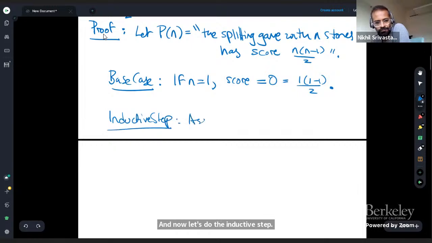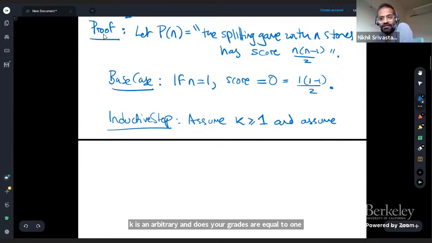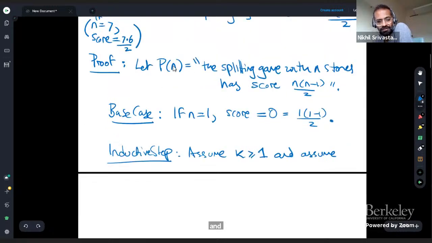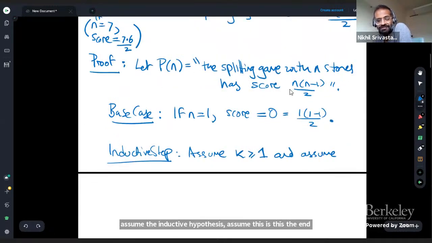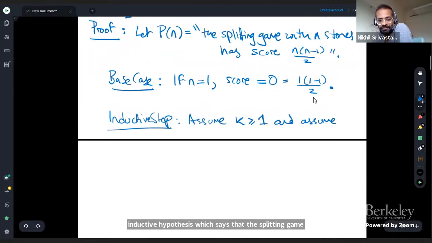And now let's do the inductive step. So assume k is an arbitrary integer greater than or equal to 1, and assume the inductive hypothesis, which says that the splitting game always has this score up to this value of k.